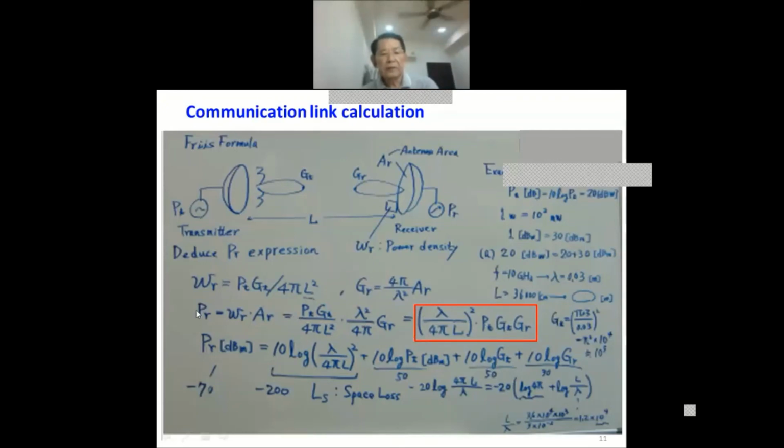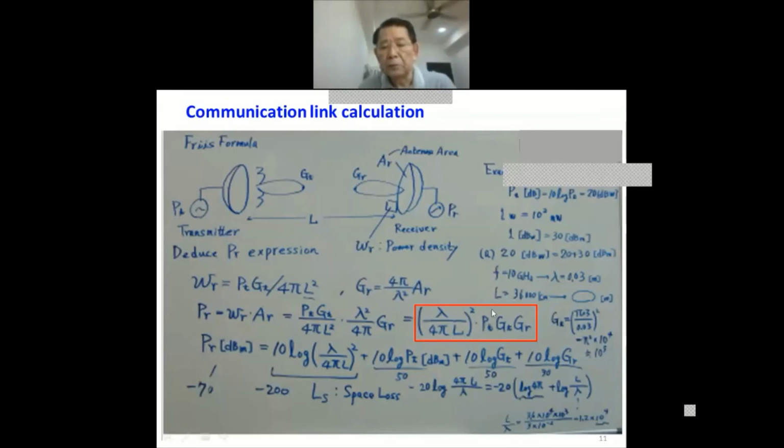So this is received power. This is transmission power. This is transmission antenna gain. This is received antenna gain. And L is the distance. Then received power equals transmission power, transmission antenna gain, received antenna gain, and this part.